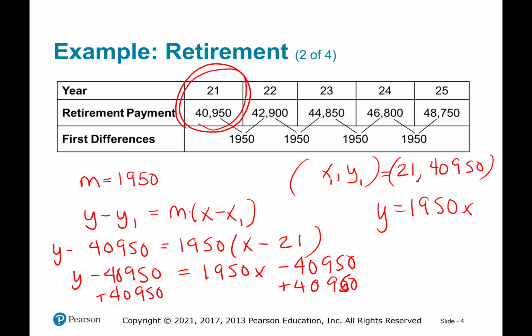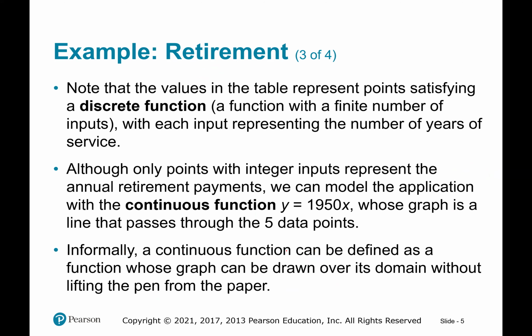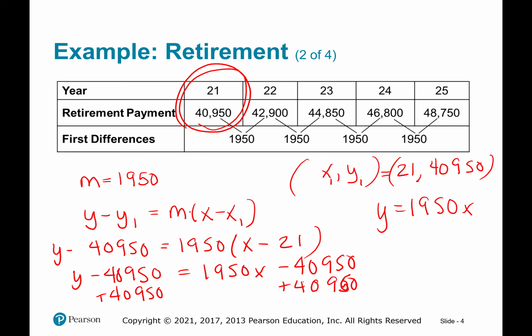So let's talk about the model and let's talk about your data. Now the values in this table are discrete. So they give you retirement values for years of service that include 21, 22, 23, 24, and 25. They don't give you values in between.